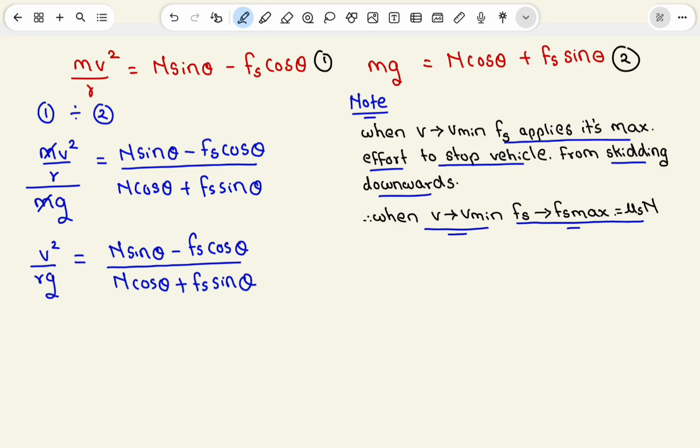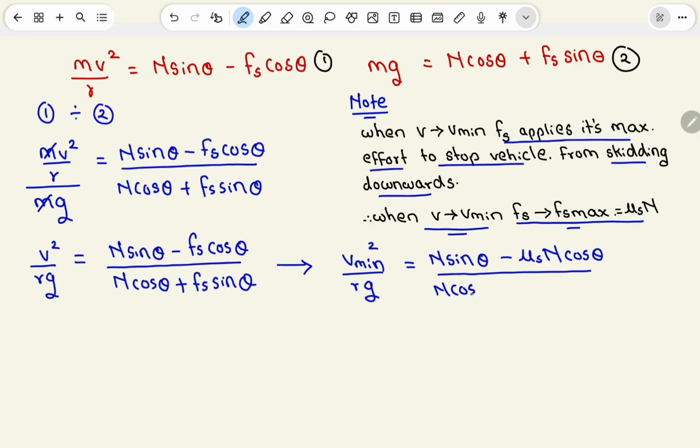Let's plug these values into the equation and see what we get. V minimum square upon Rg is equal to N sine theta minus, in place of Fs we write mu s N, so mu s N cos theta, divided by N cos theta plus mu s N sine theta.